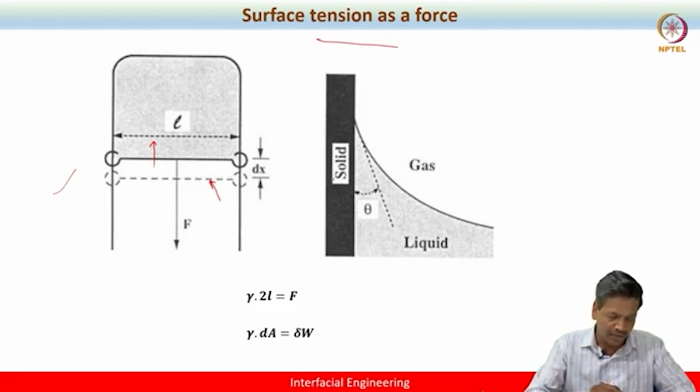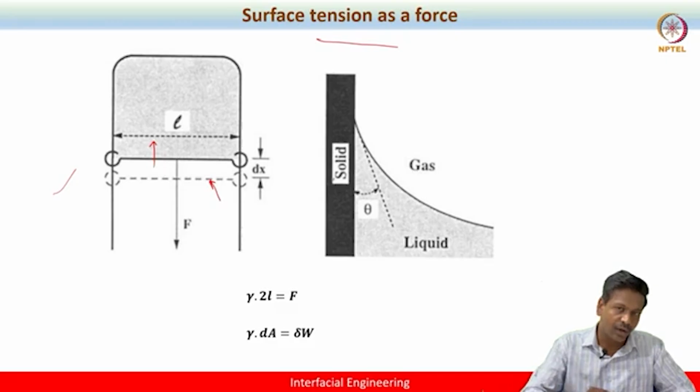As a result, this wire would have made some displacement, which we can call delta x. It would have made some displacement delta x because of the surface tension, which is acting downward, because it pulls the liquid towards it.